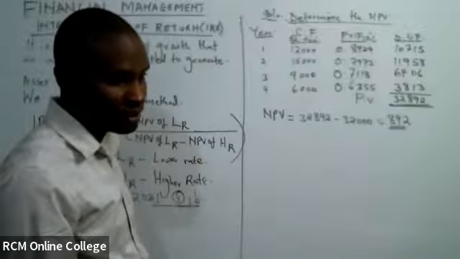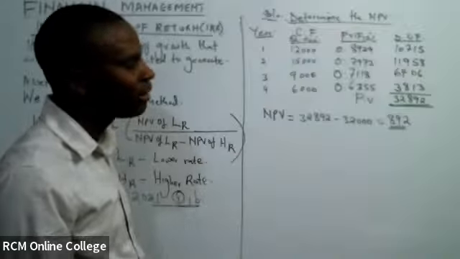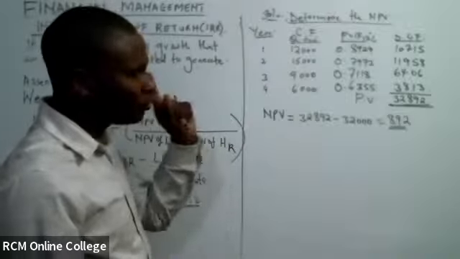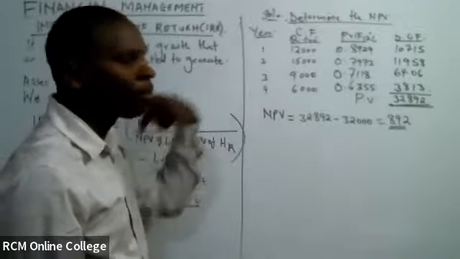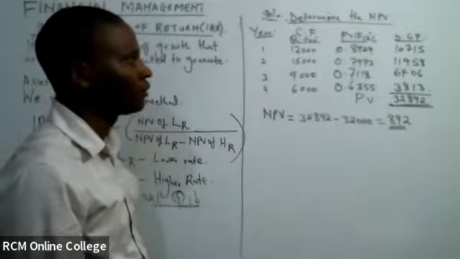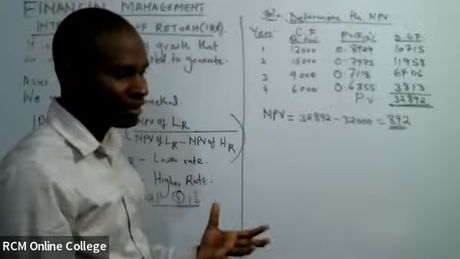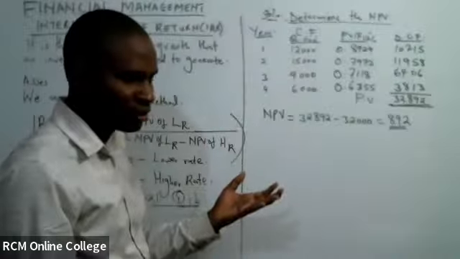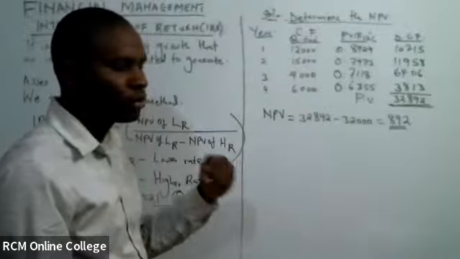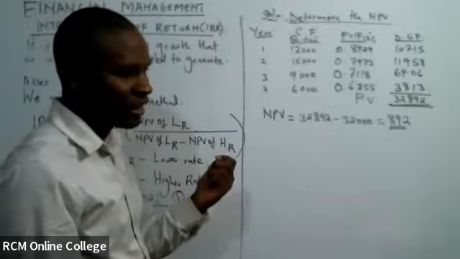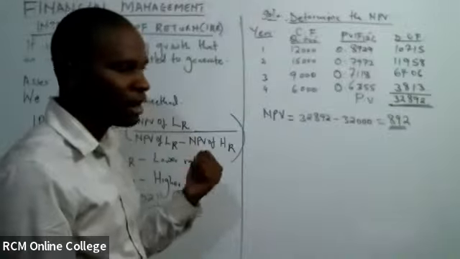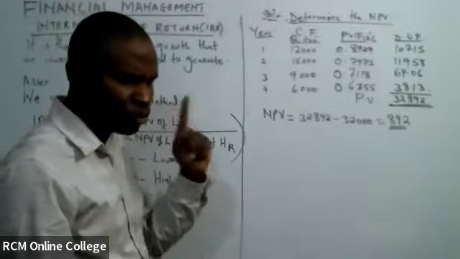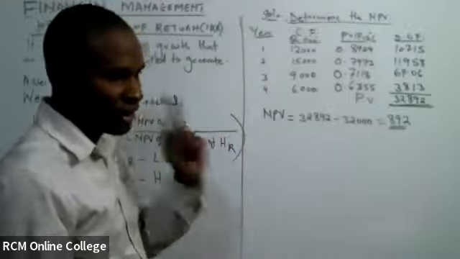Increase cost of capital. Yes, we are increasing. I can see Miriam is telling us that if we are to increase, then we double that. Yeah. I would advise all of us, if you get a positive NPV, now you want to increase the cost of capital, double it so that you don't start struggling. It is attested that once you double, it will automatically give you either zero or a negative NPV.